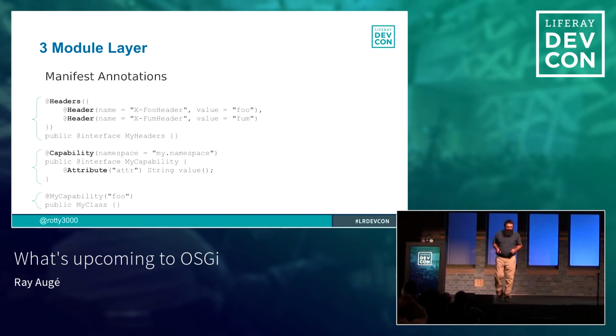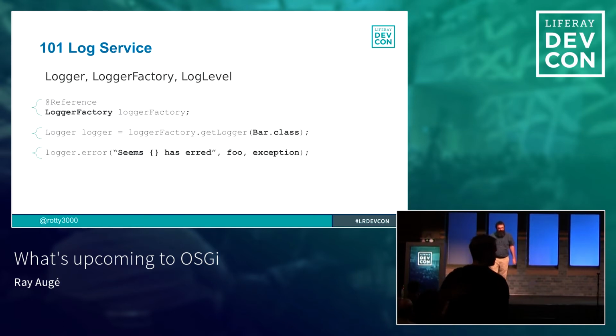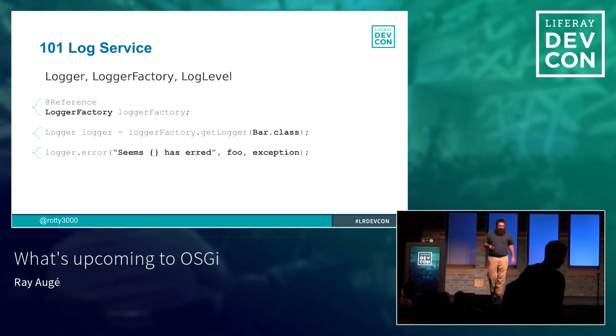In the second example, we're using two other annotations to define a new capability that we want some of our code to expose. If you're familiar with OSGi, how it works is really a bunch of requirements and capabilities that get resolved by the resolver at runtime. You see we created an annotation out of meta-annotations, and we're using it. So that's some low-level stuff.